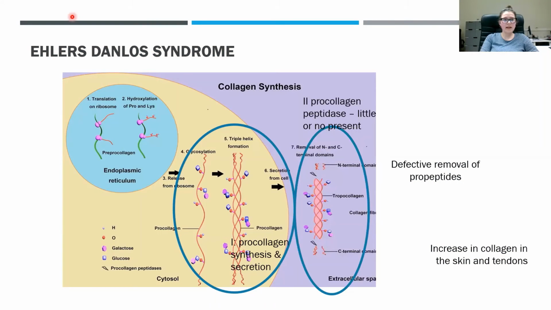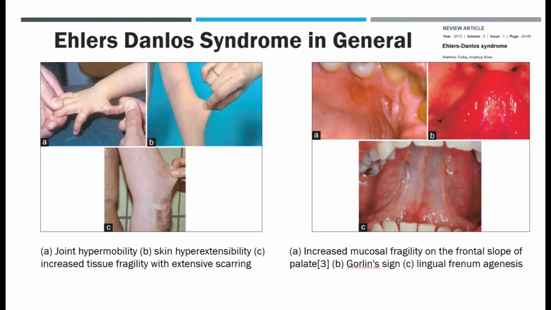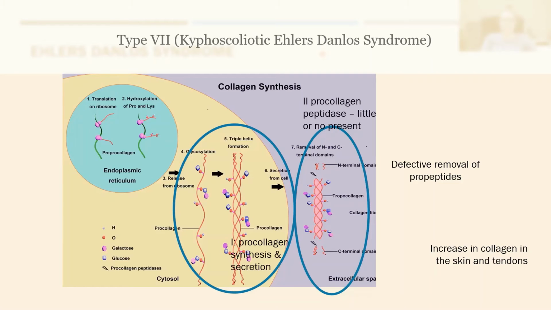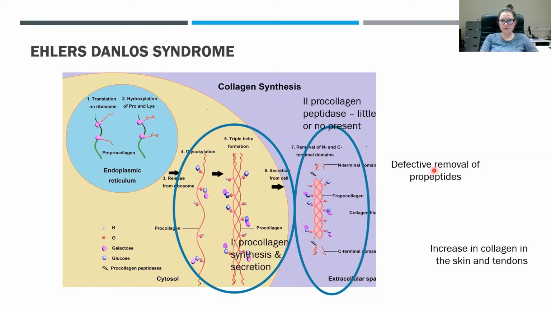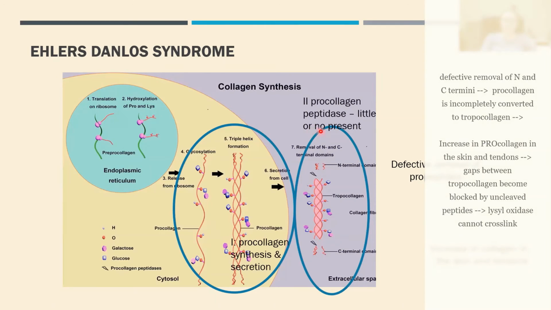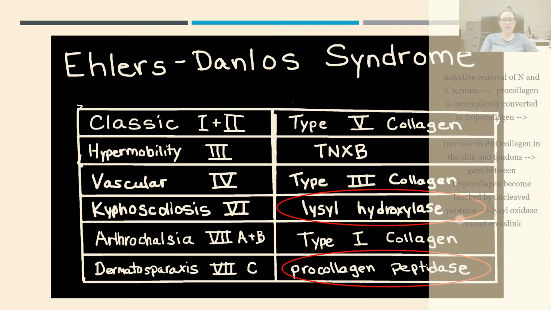Another syndrome is Ehlers-Danlos Syndrome, and there are many types of it. This is just one type that is caused by defective removal of propeptides, because procollagen peptidase in stage 2 of collagen synthesis cannot perform its function, and this leads to an increase in collagen in the skin and tendons, so we have too much collagen.